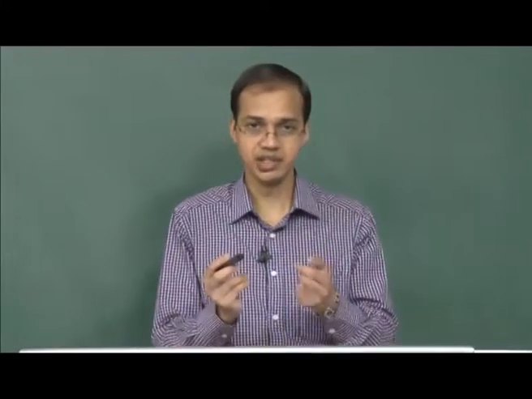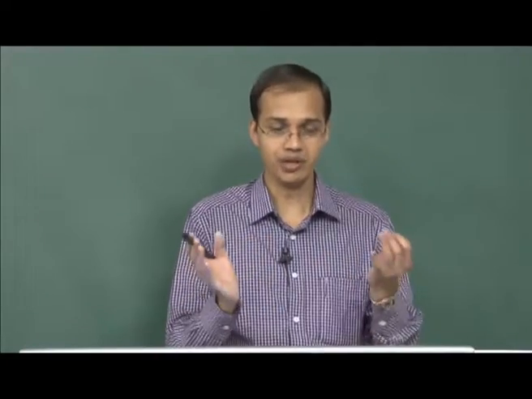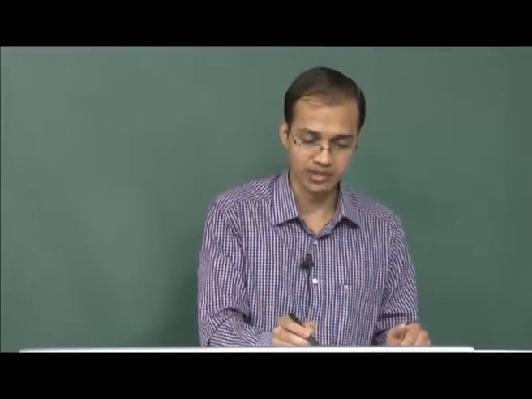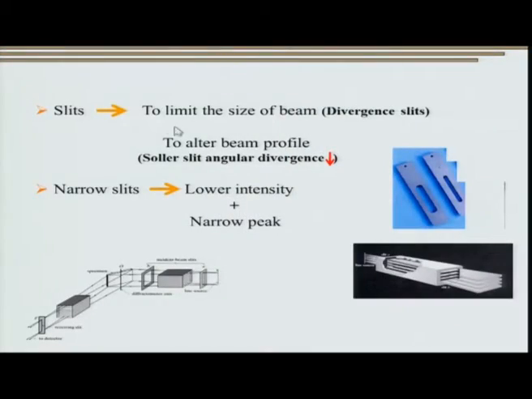Having said that, the X-ray beam, as we are all aware, tends to diverge. In order to limit the divergence of the beam, we use what are known as slits. So, the slits are used to limit the size of the beam.